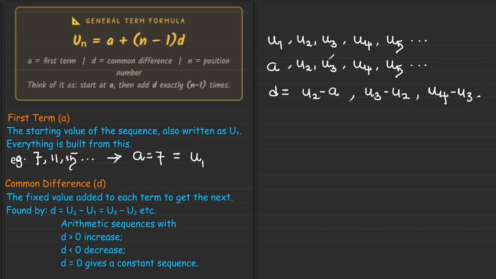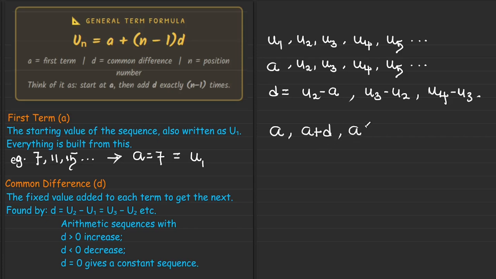Now, if we are to agree that this is a linear sequence, then if I have my a, to get my u2, it's simply going to be my a plus the common difference, which is d. This becomes my u2. If I want my u3, then it's going to be this one, then we add the common difference to it again.